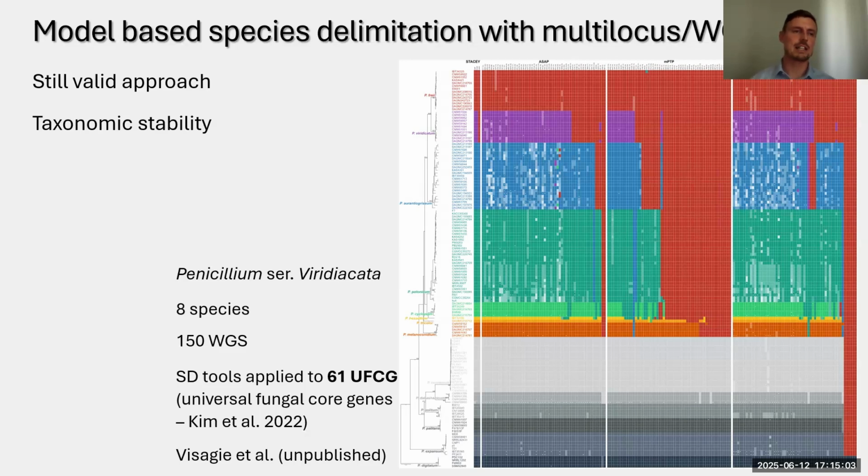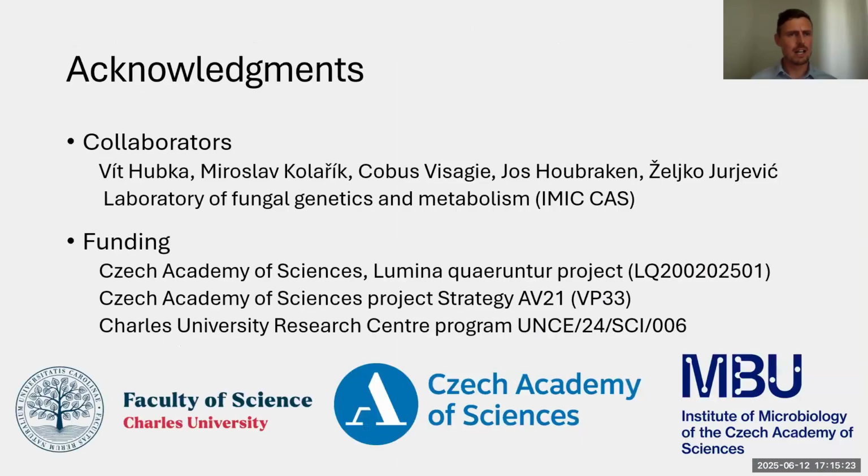If it's used correctly, it has this huge potential to increase the taxonomic stability, possibly not only over fungi, but all organisms. So that's it. I would like to thank all of my collaborators and all of my funding. I mentioned just some of the collaborators, but yeah, that's it. Thank you so much.